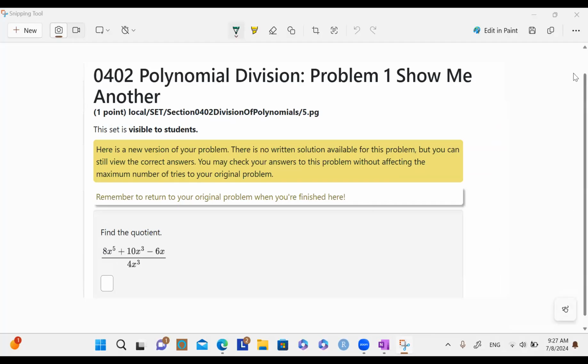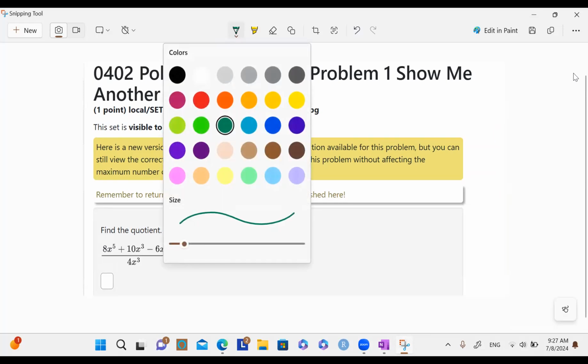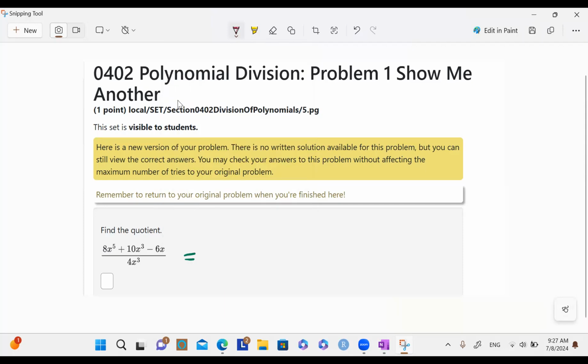There we go. Now, first of all, if you have a single term in the denominator, we can just split it up. We can do 8x to the 5 over 4x cubed, adding 10x cubed over 4x cubed, and minus 6x over 4x cubed.